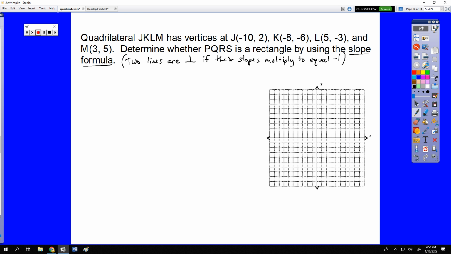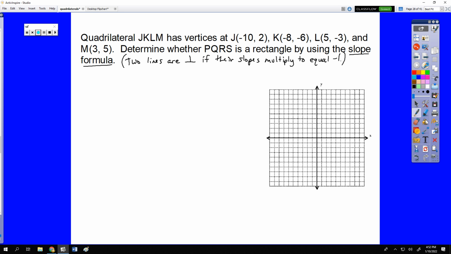Okay, so for instance, on the last problem we had slopes of 3/2 and -2/3. Well, 3/2 times -2/3 is -1, which means those two sides would be perpendicular. So what we're saying is we need to check those perpendiculars.